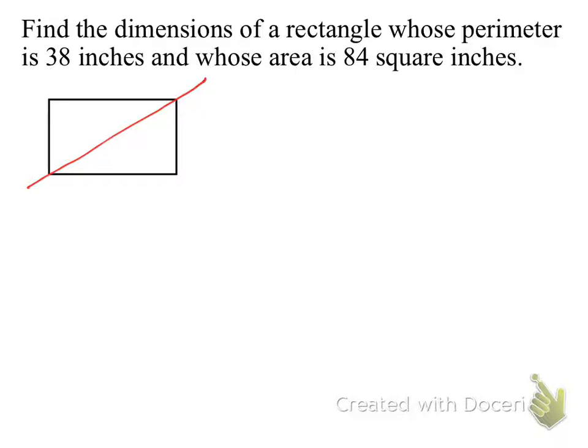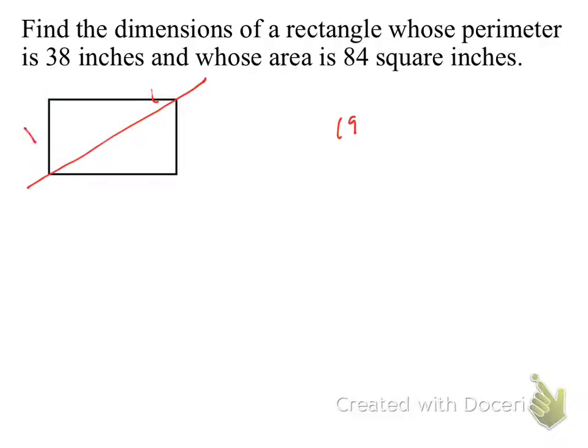Half of it. Isn't this plus this 19? So half of the perimeter is equal to 19.